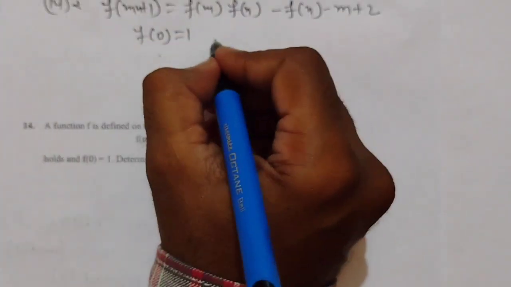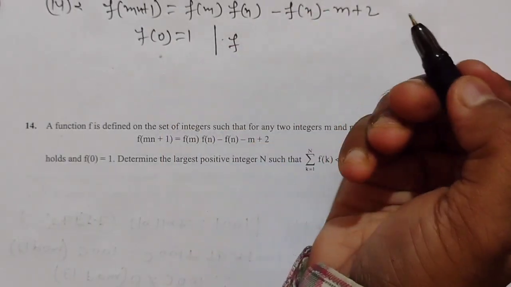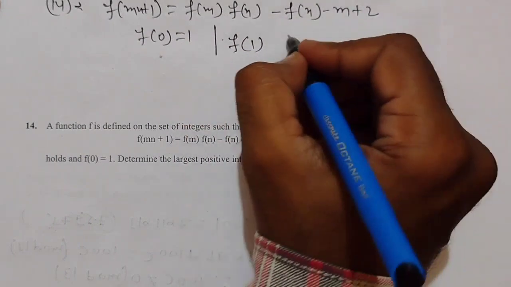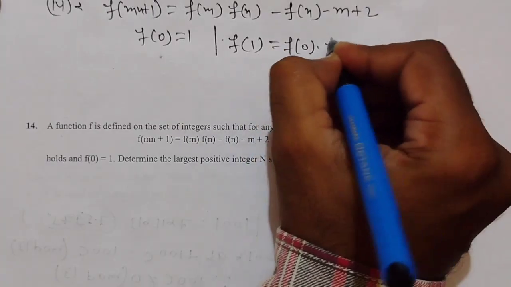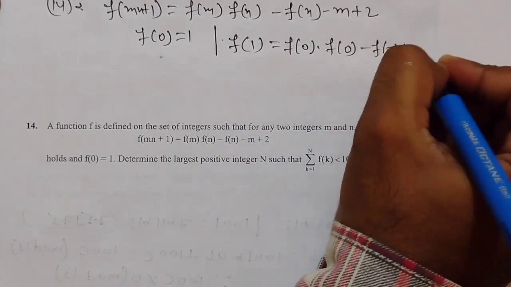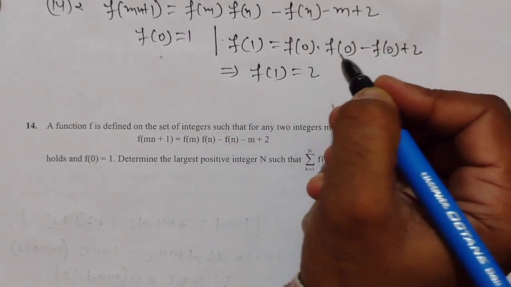If we use the value, like the function of 1, this will be f(0) into f(0) minus f(0) plus 2, and this will imply f(1) is equal to 2.